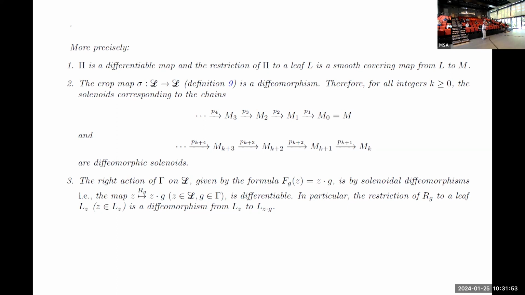Then you start covering not with n0, but with nk, and the obvious result is the same solenoid. This is called the crop map. You can crop the tower and get the same thing.